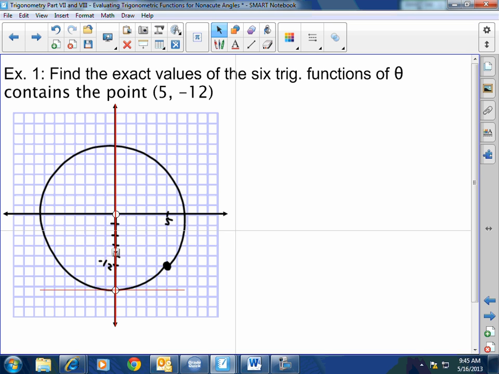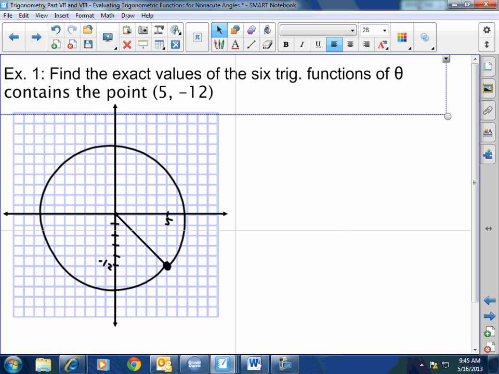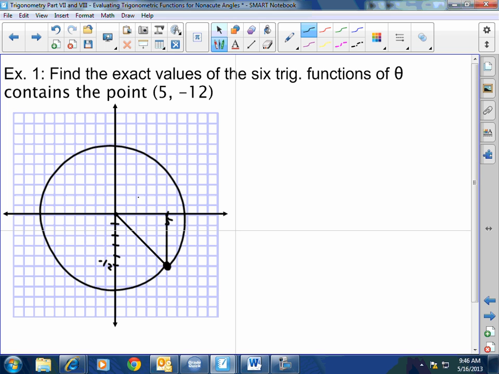Are you guys understanding this? So this particular angle stopped right there. Are you feeling me? Well, make a right triangle now, guys. Bam. Isn't that 5? Because it's 5, 12, x, y, right? And this over here, the y is negative 12, correct? All right. My theta's right here.